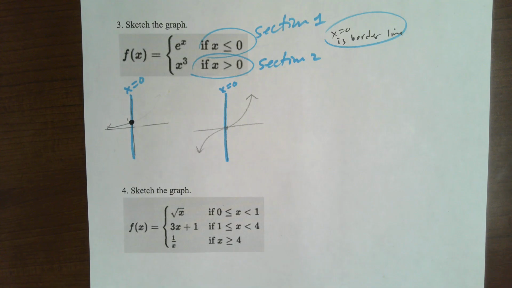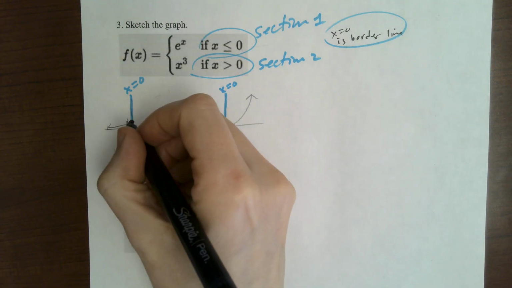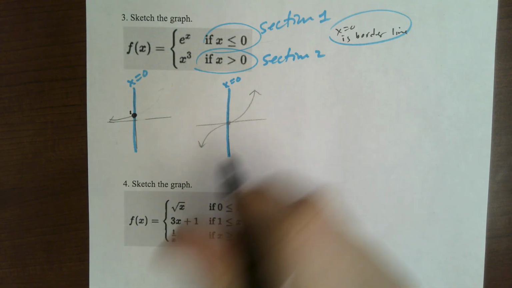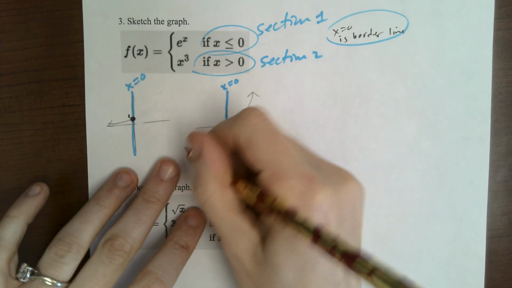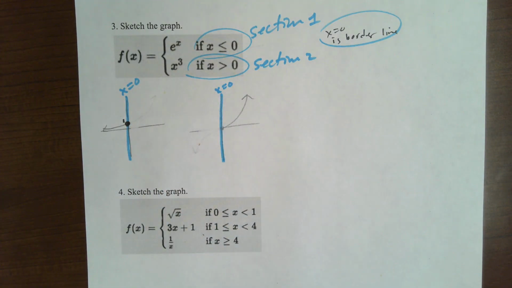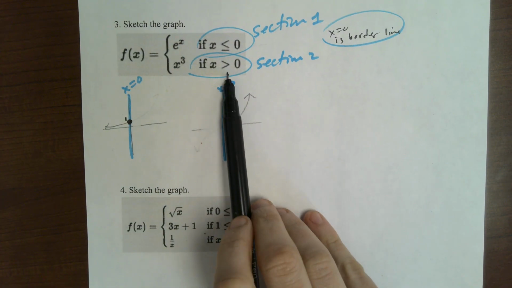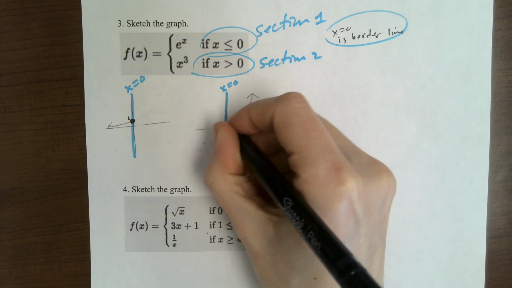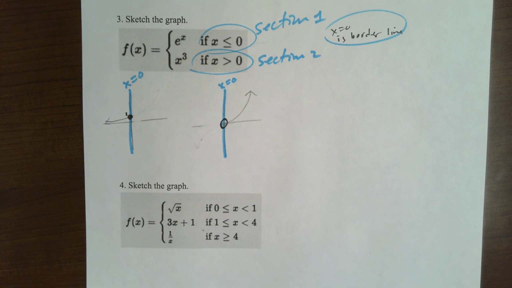I got ahead of myself. Now, you need the y value after you decide open or closed, and that y value is 1. Now this one, we don't need this side. What kind of circle on the borderline? Strictly greater than, so now open circle. And that y value, right at the origin, is 0.